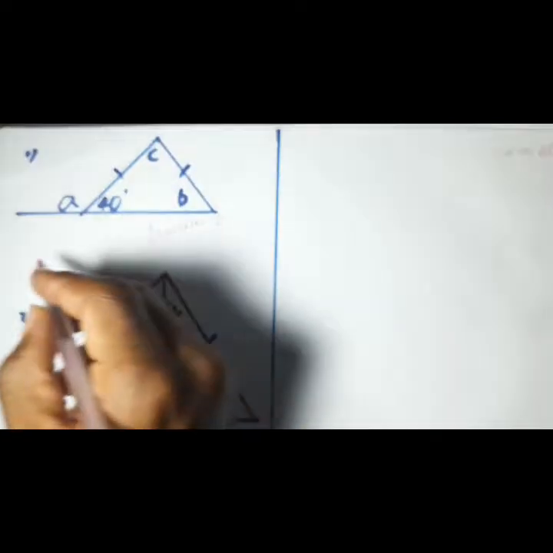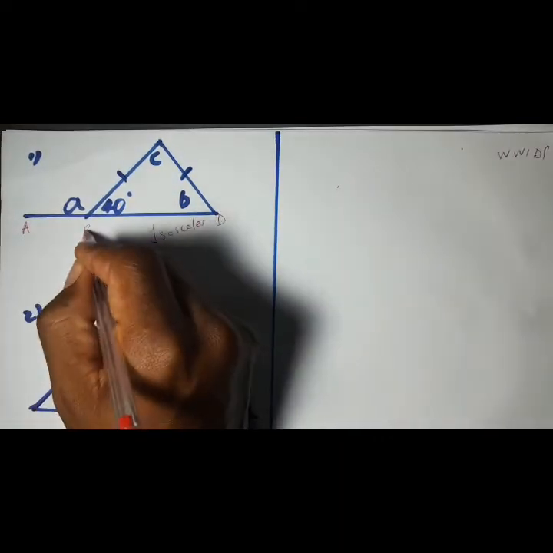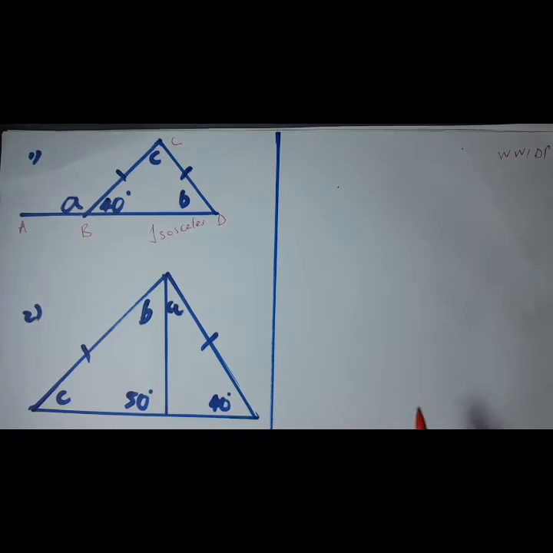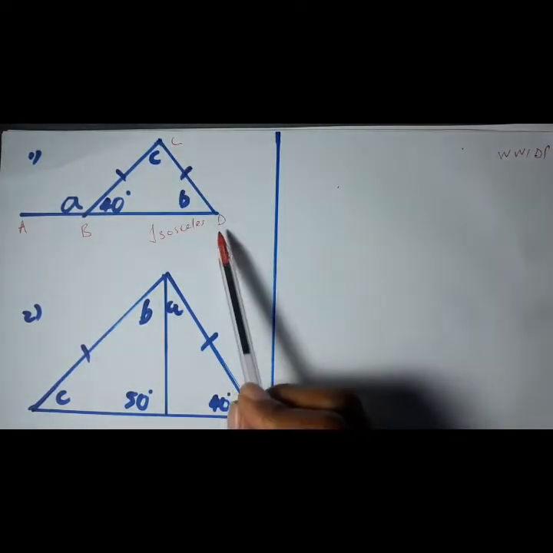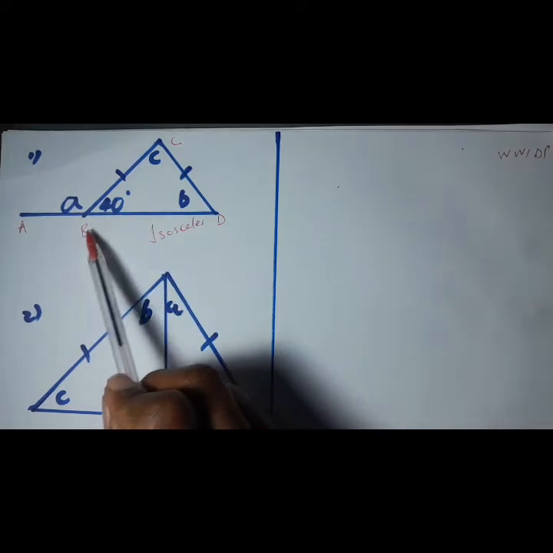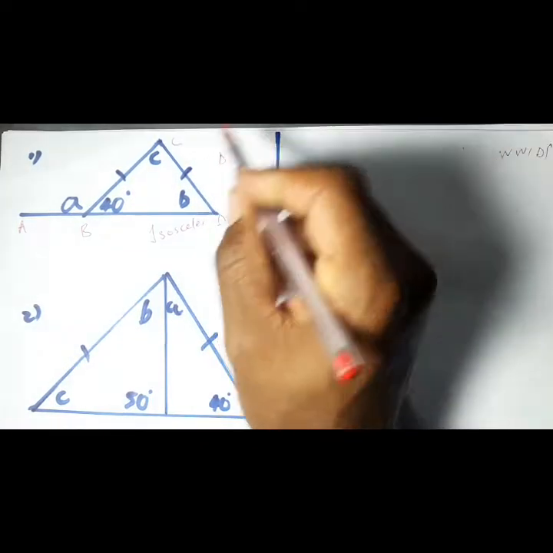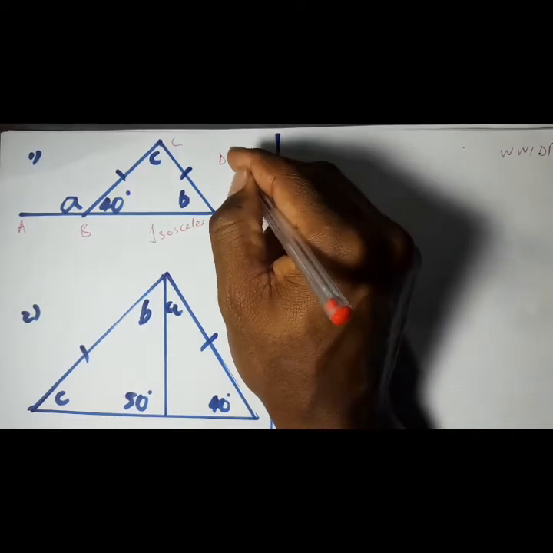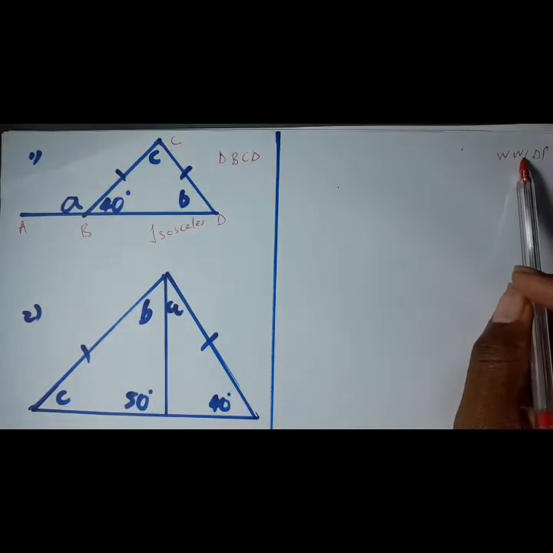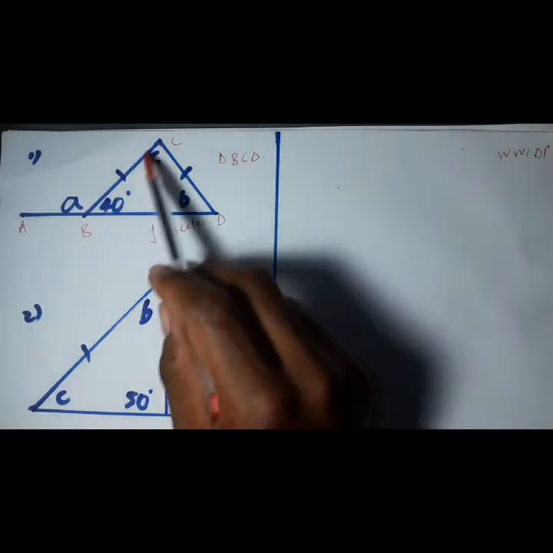So we have the power to do something. We can call this A, B, C, D. These are big letters. So we'll call this triangle BCD. To find this, what's given to us is this 40, is these two lines.